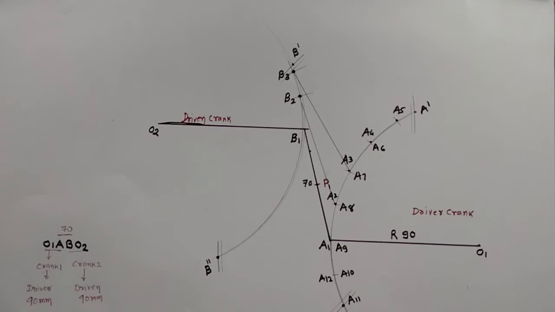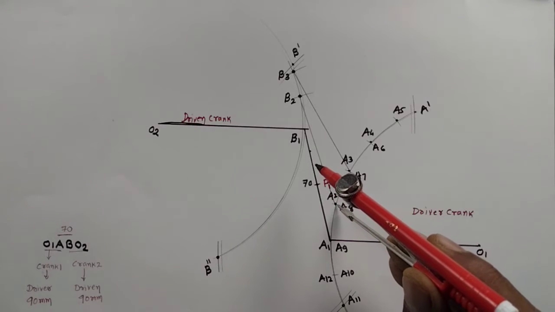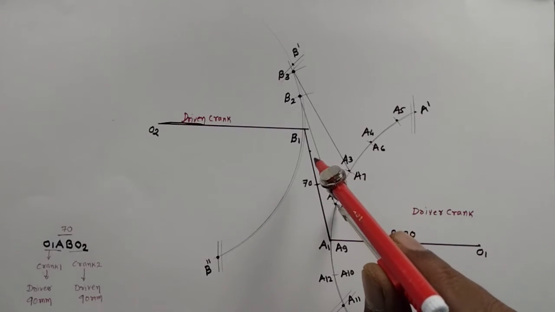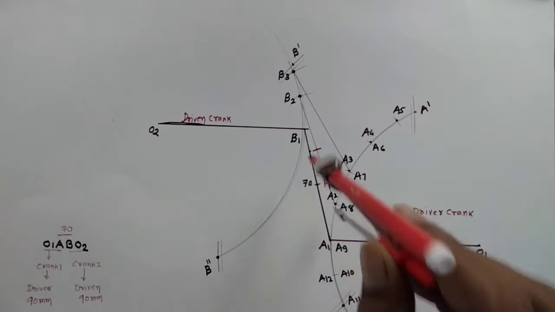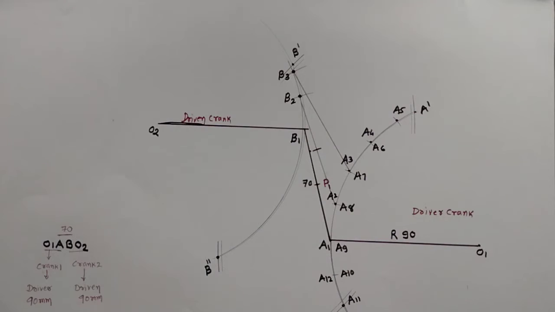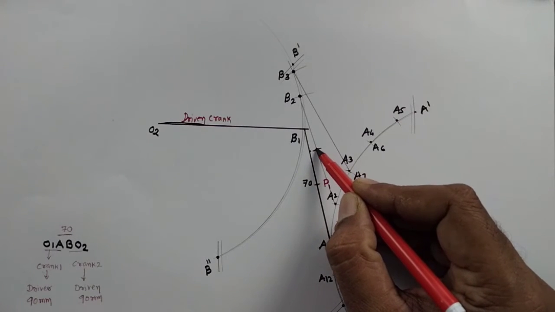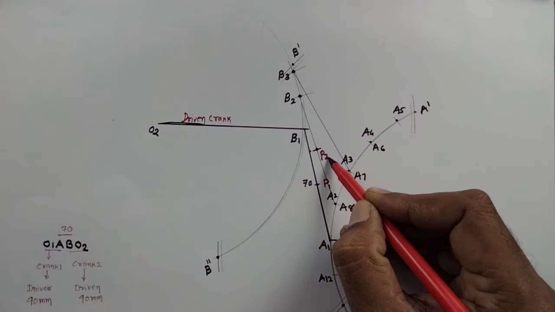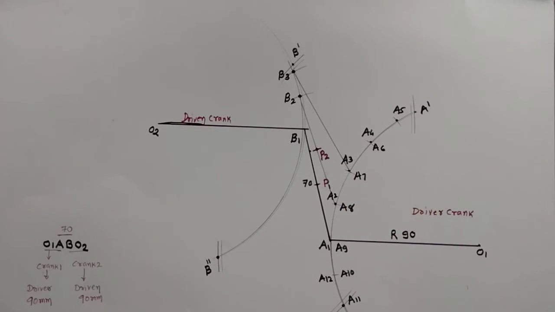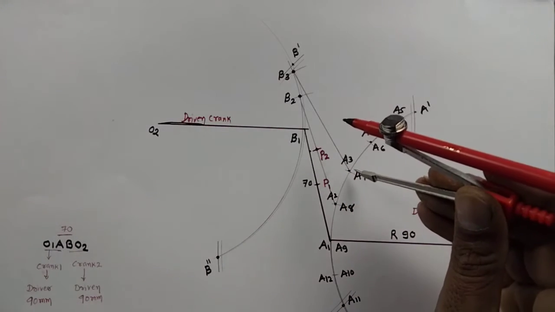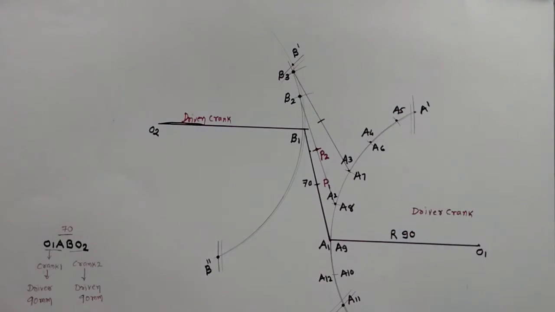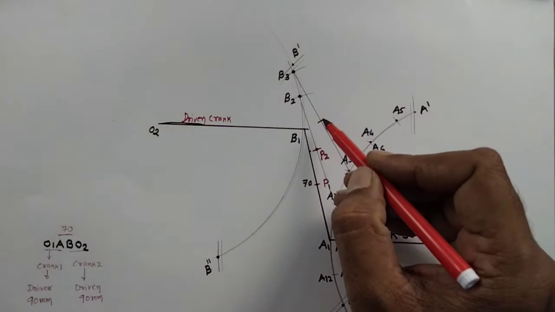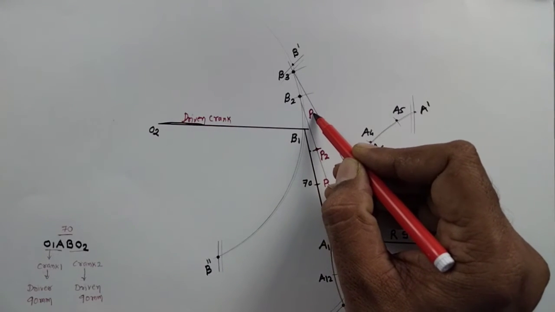Now you can mark the midpoint of A2, B2. So I take the A2 center, I mark the midpoint on A2, B2, where I write this is my P2 point. Similarly, you can mark the point on A3, B3. This is your P3 point.